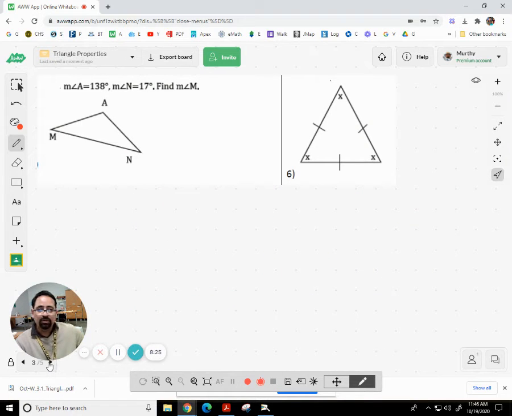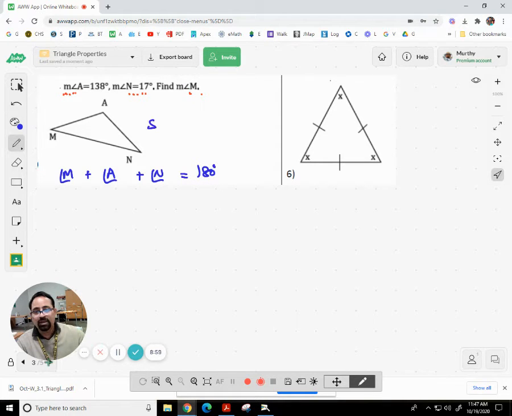Another example: here m stands for measure. The measure of angle A is 138, the measure of angle N equals 17. Find the measure of angle M. I'm using the same condition, that the sum of three angles of a triangle is 180. So measure of angle M plus measure of angle A plus measure of angle N equals 180 degrees.